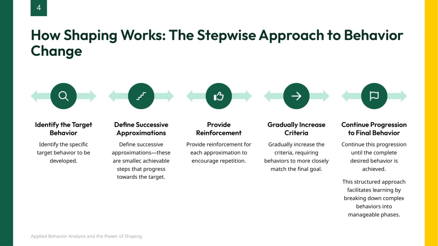This could be praise, rewards, or any form of encouragement to increase the likelihood the behavior will be repeated. Over time, we gradually raise the criteria, expecting the behavior to more closely match what we ultimately want. We keep progressing step by step until the full desired behavior is achieved. This method works well because it simplifies complex behaviors into manageable phases, making the learning process smoother and more effective.